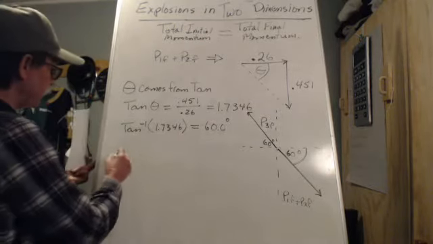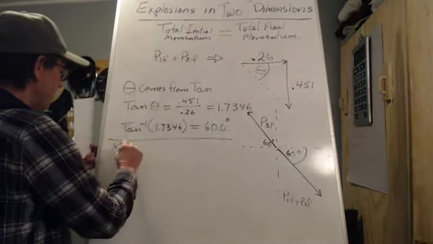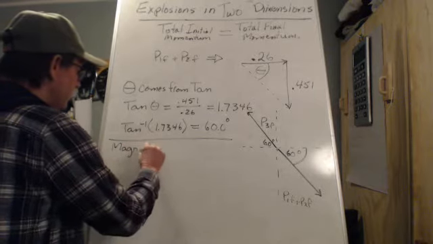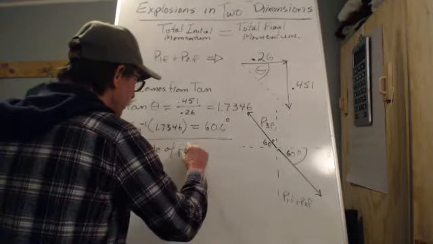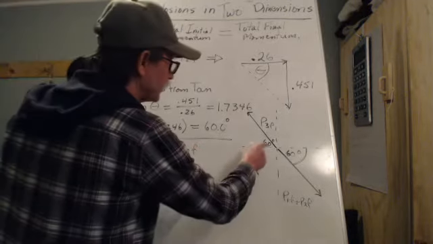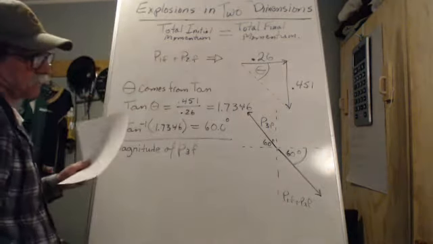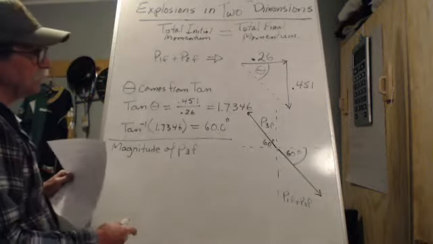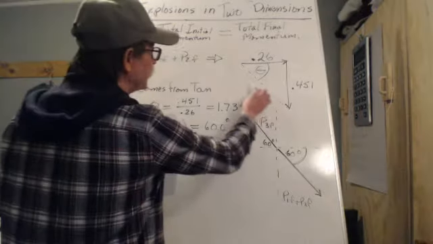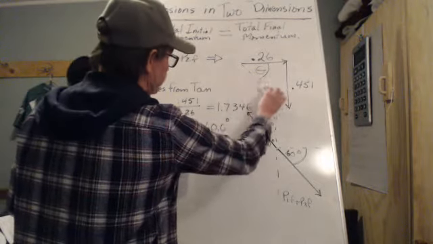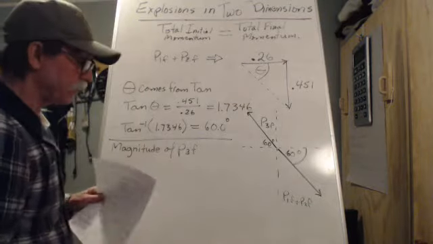The magnitude of P3F comes from the components here and just doing a basic right triangle. So we can use this back over here for the magnitude. So what would the magnitude of this one here be? This one is P1F plus P2F.